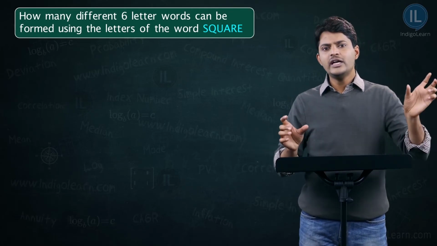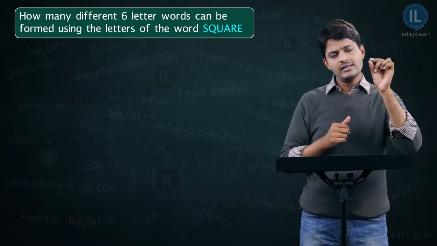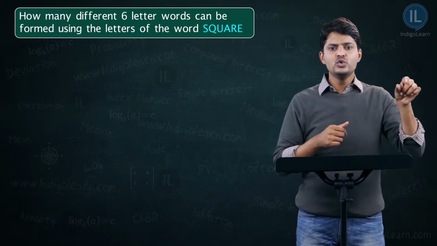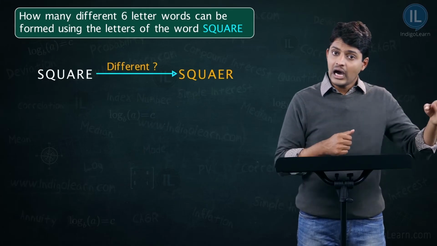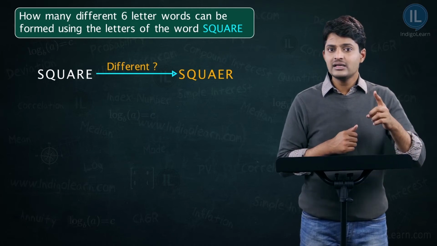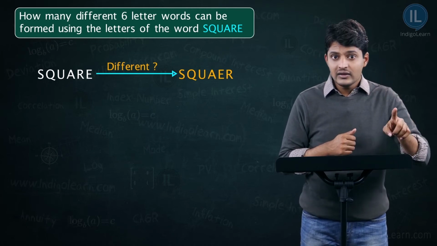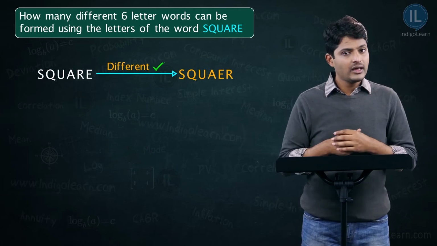So try to relate this concept to what we discussed about arranging people. Now a simple question. SQUARE, SQUAER, are they same or are they different? If your answer is they are different, then you understand this is nothing but arrangement, correct?